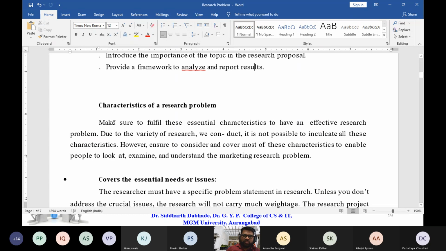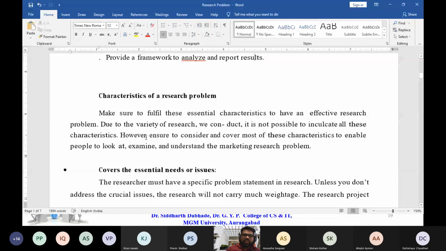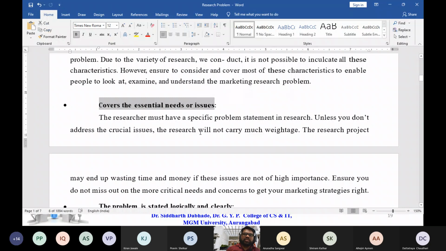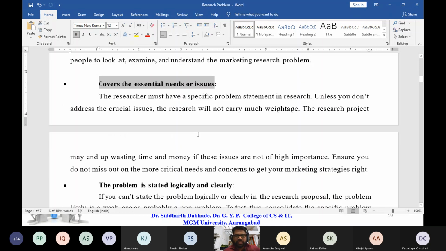The very first is that it will cover the essential needs or the issues, right? It will find out what the issues are, and what the current existing needs are. If we take the example of today's research need, you know that for the last 2 years the whole world has been facing the pandemic situation of COVID-19, right?